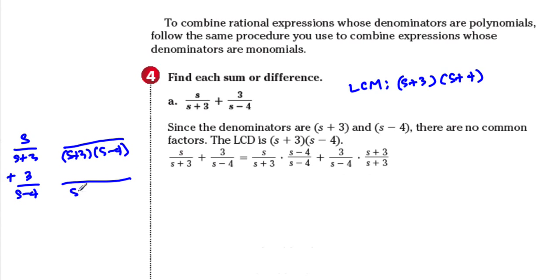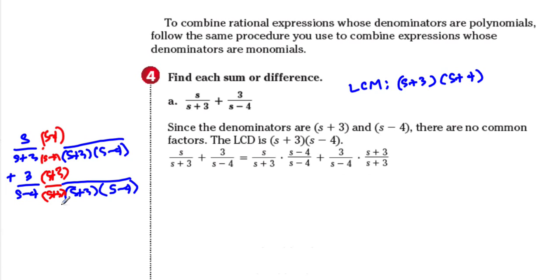And just like what they did in the problem, we need to multiply this by s minus 4 over s minus 4, and this one by s plus 3 over s plus 3. There you go.